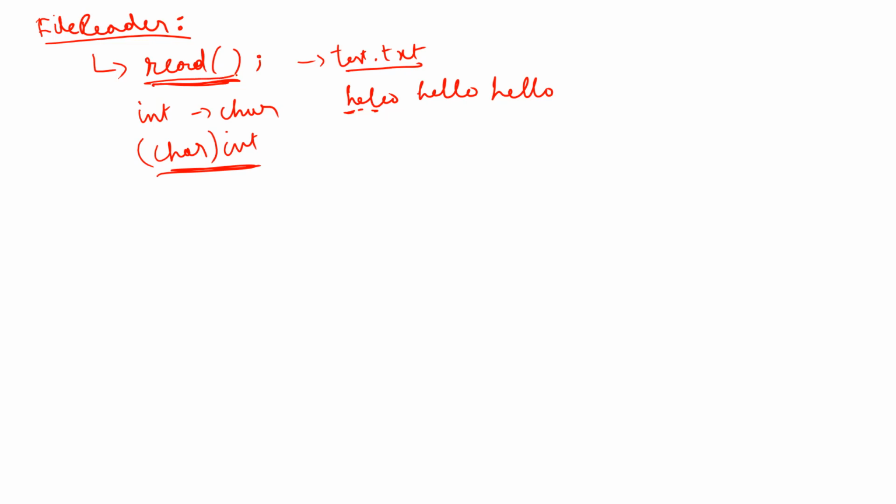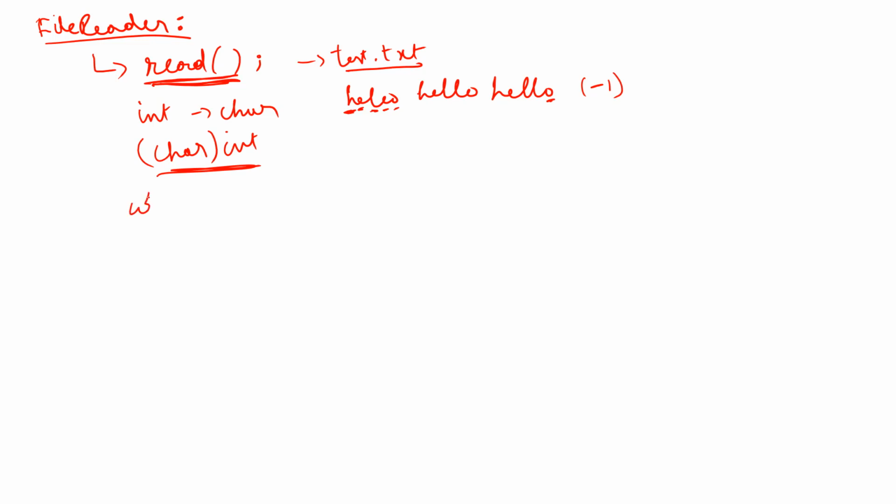Another one is this read method reads the data character by character. That means first it reads H, and then E, and then L, and then L, and then O, like this. It reads until the end of the file. Once it reaches the end, it returns -1.